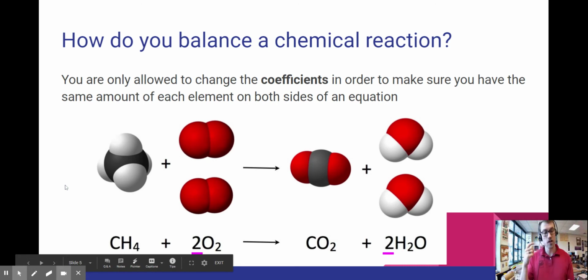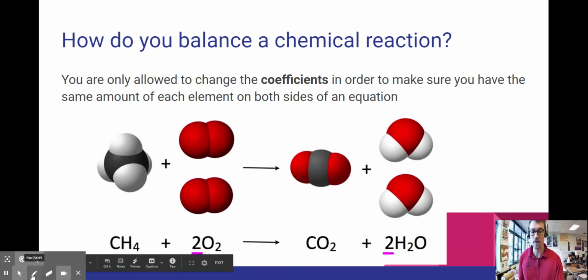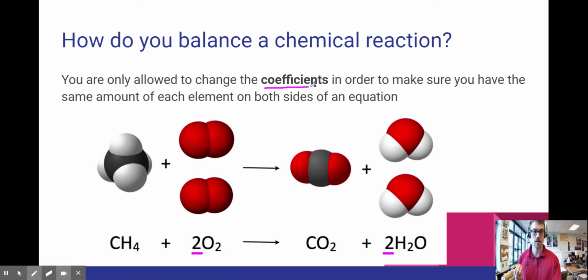So how do we go about actually balancing a chemical equation? Because what's going to happen is that you're going to be given equations that are generally unbalanced to start with. They don't have the same number of atoms on both sides of the equation. Well, in order to do that, you are allowed to change only the coefficients, okay? You are allowed to change the coefficients, and you are only allowed to change the coefficients.